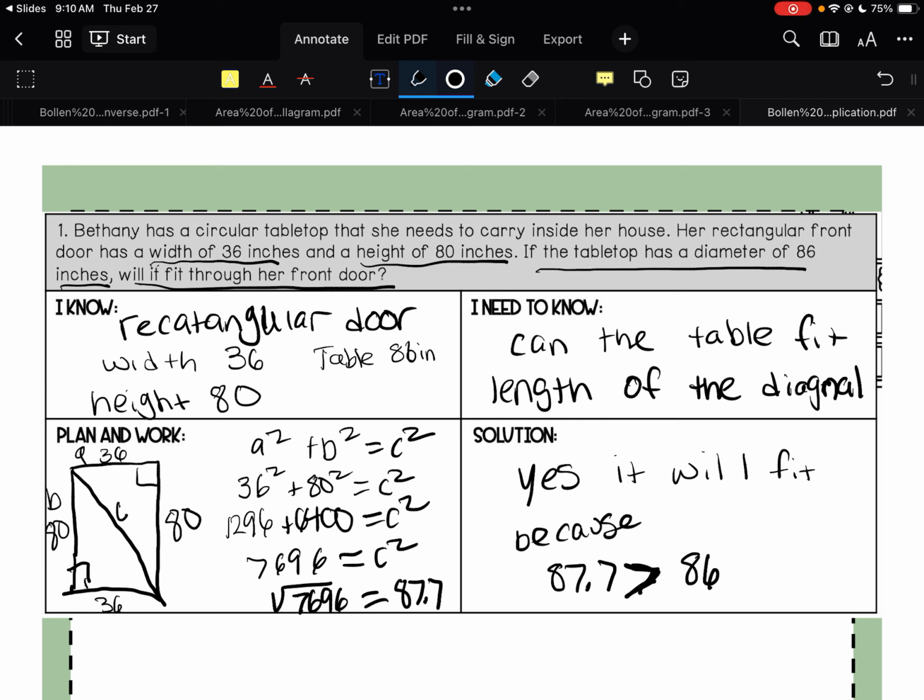That is just our sign for greater than. All right, moving on.